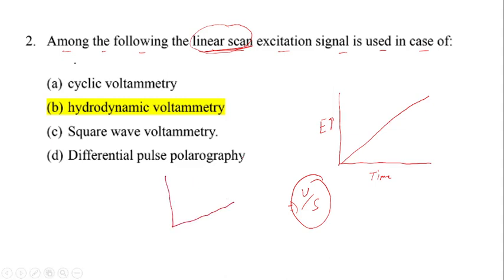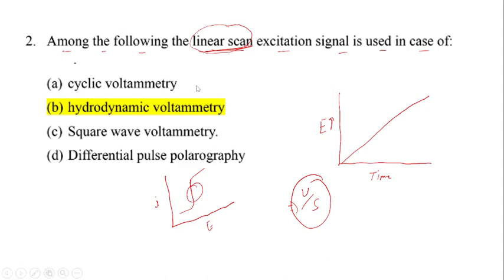As you are increasing the potential, at some point the current will increase. This is the potential where the reaction is happening, either a half cell reaction, reduction or oxidation. You can measure in this way.